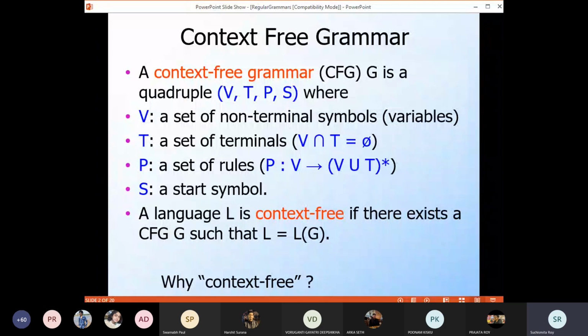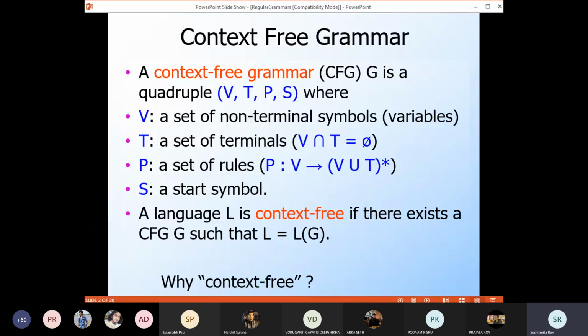When there are no rules defined, then finding a solution which still gives you the solution that you require, that is more difficult. Restrictions actually are not a bad thing, they are a very good thing. Okay, because they restrict the domain in which we have to search for the solution. So because the restrictions are minimized, that is why context free grammars are more difficult.